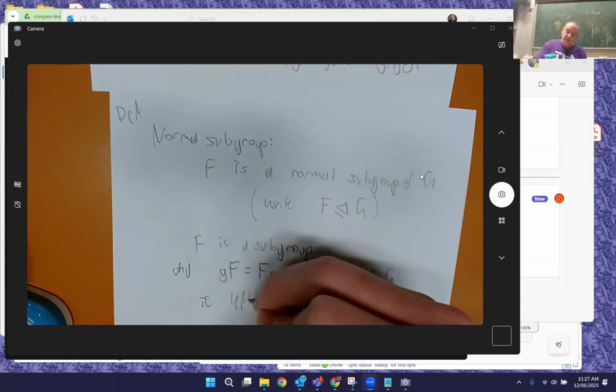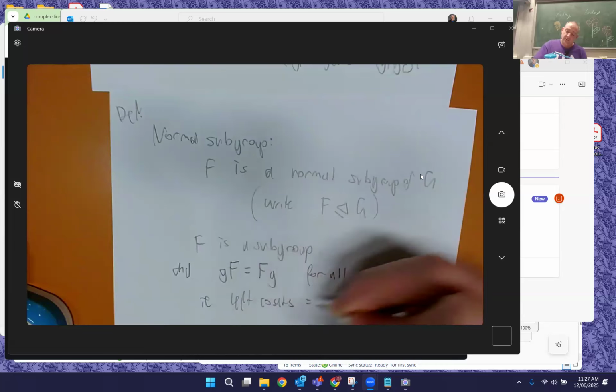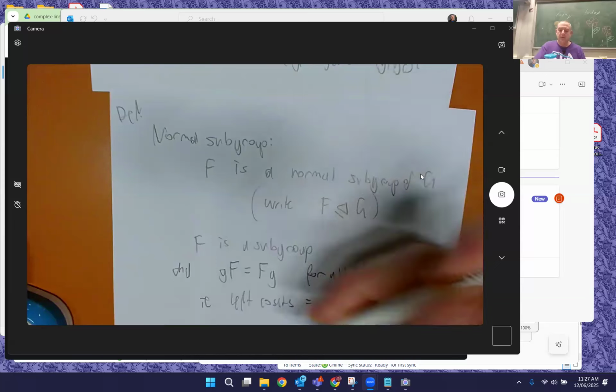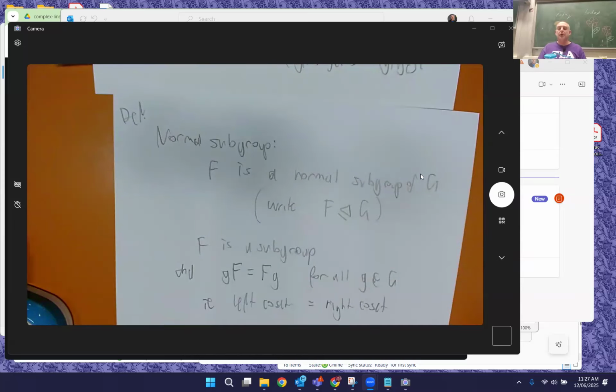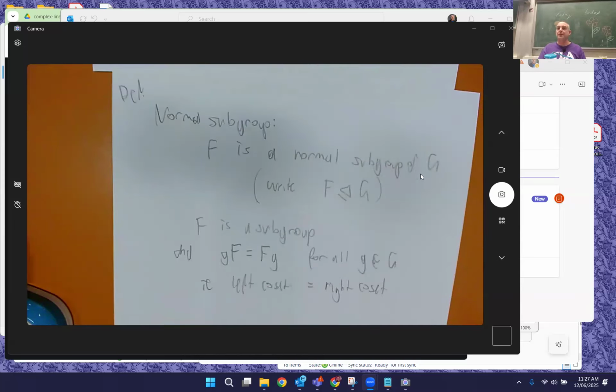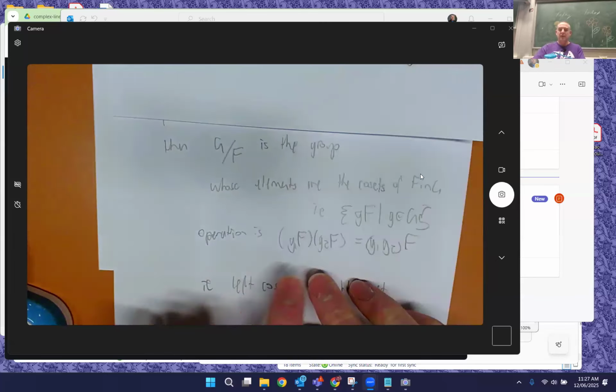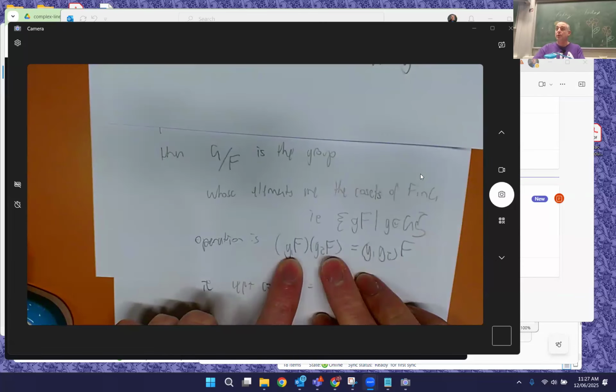Left cosets equal right cosets, for all the cosets. And that actually makes it possible to do this and make it a group.